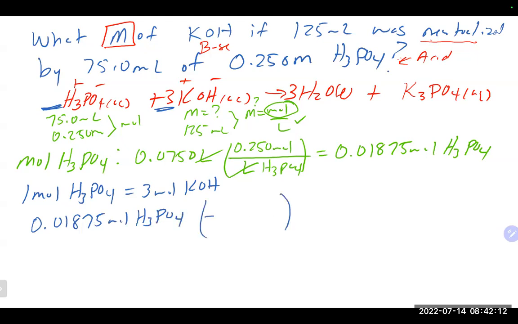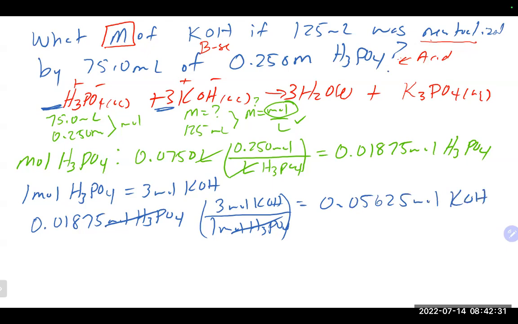Since we have moles of phosphoric acid, we're going to put the phosphoric acid on the bottom and our KOH up on top. Those guys will cancel, and that will get us 0.05625 moles of KOH. Any questions up to there?